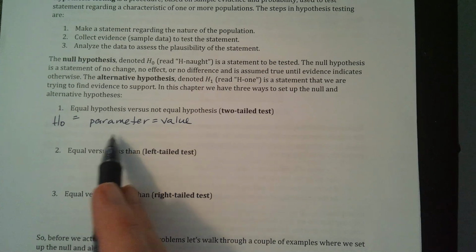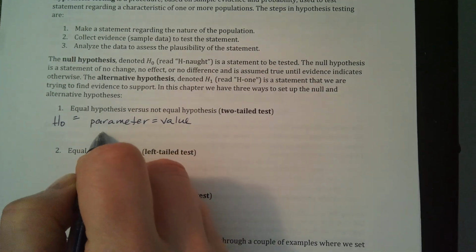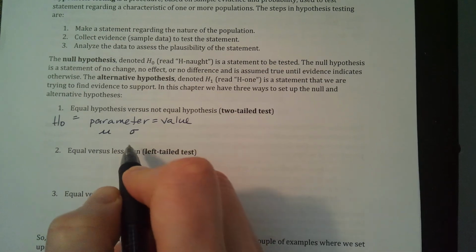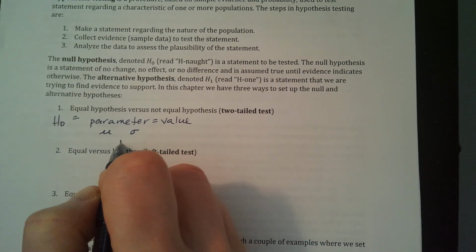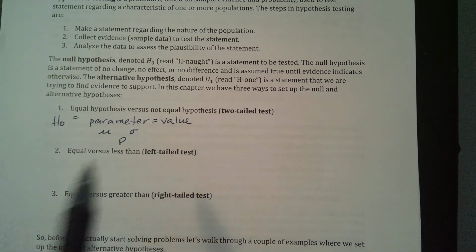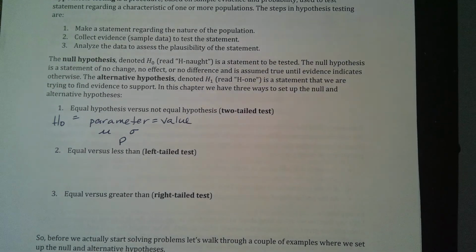Now remember, the parameters we're going to be discussing are either going to be mean, or standard deviation, or it could also be proportion. So one of those three parameters we'll be discussing, and they'll be equal to some value.